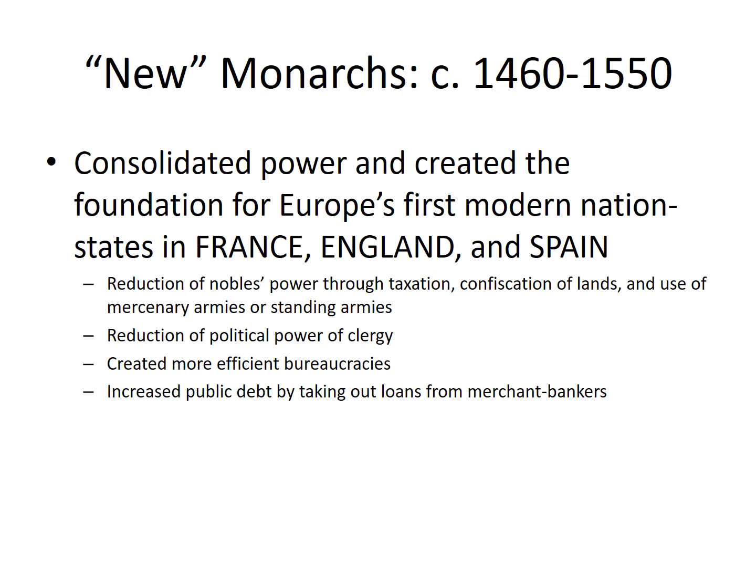And of course, all of this increases public debt because they have to take out loans from merchant bankers in order to build up those armies and build up their power base and not be dependent upon the nobles. So that's why merchant bankers like the Medici family in Italy, in Florence, Italy, will become so important and powerful throughout Europe. They had banks all over Europe, and they would fund a lot of these new monarchs as they are trying to consolidate their power.